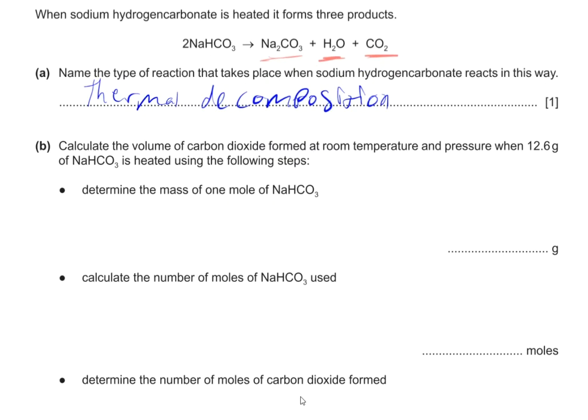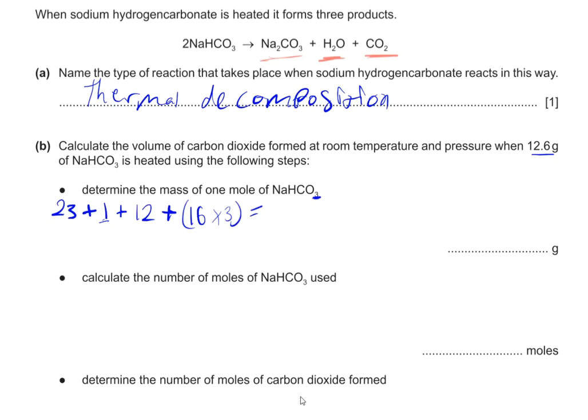Calculate the volume of carbon dioxide formed at room temperature and pressure when 12.6 grams of sodium hydrogen carbonate is heated using the following steps. Determine the mass of 1 mole of sodium hydrogen carbonate. So we know that the mass number of sodium is 23, H is 1, that's the mass of hydrogen, then carbon is 12, and then oxygen is 16, and we have 3 oxygen atoms here, so we're gonna multiply this by 3.